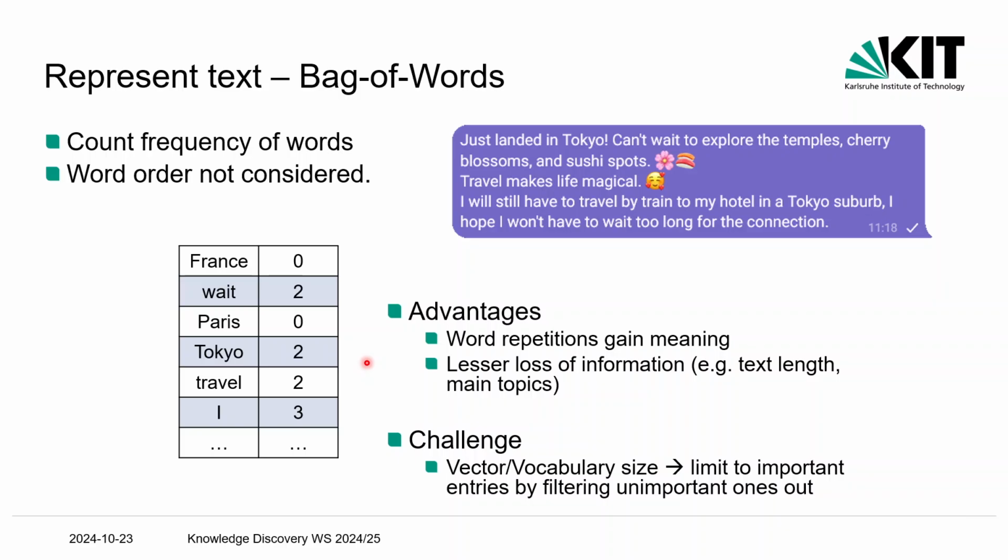So a challenge that we still have is that this is our vocabulary: France, wait, Paris, Tokyo, travel, I, and so on.